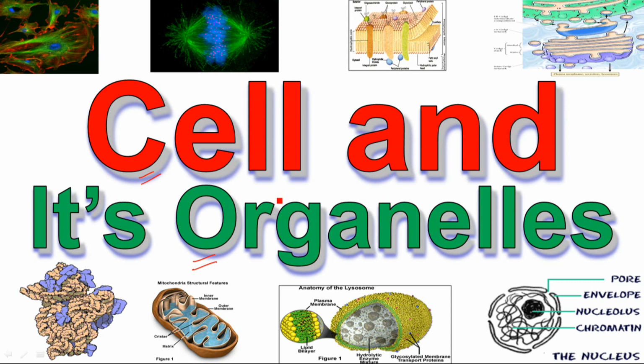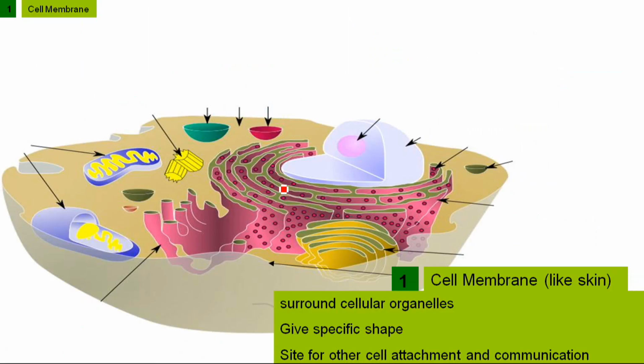So cells are the basic unit of life, and the cell has different organelles enclosed by the cell membrane. The cell membrane, also known as the plasma membrane or cytoplasmic membrane, separates the interior of the cell from the outside environment of the cell, or the extracellular space.